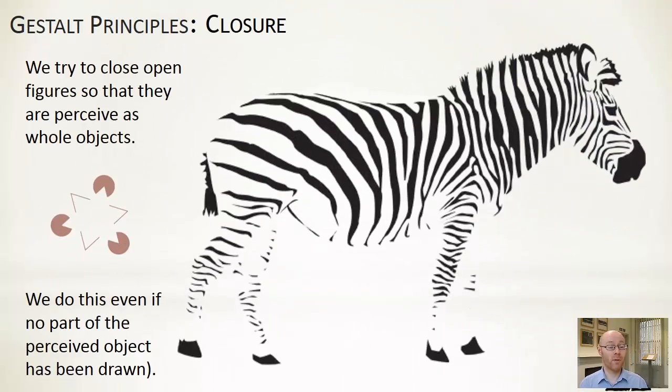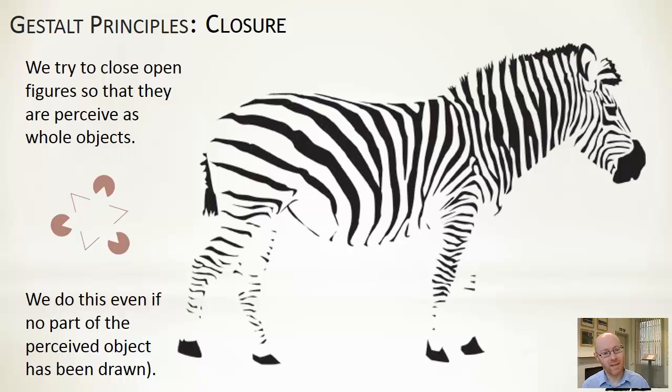Next up is the notion of closure, and this ties into the example we had of the square: we'll try to close open figures. We almost see virtual lines in our mind's eye. So if you're looking at the zebra here, or the triangle, it's hard not to imagine that you're seeing an enclosed shape, that there is an enclosing boundary to that, even though there isn't actually anything drawn on the paper or shown on the screen that would definitely do that.